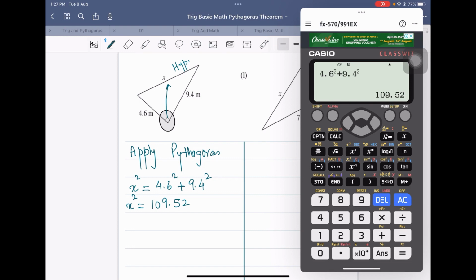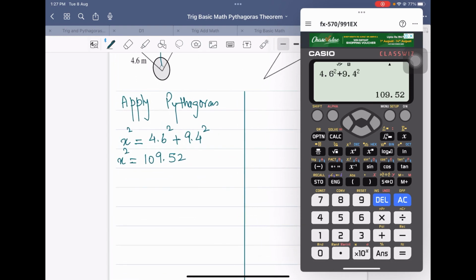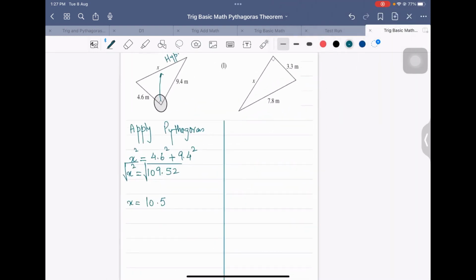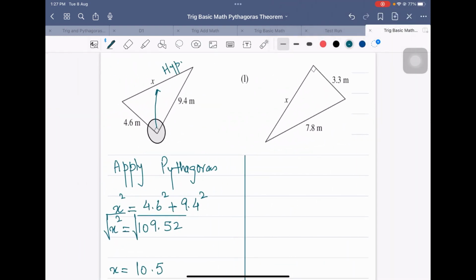If you want to find x, you apply the square root to both sides, and you will get the value x equals 10.5 meters.